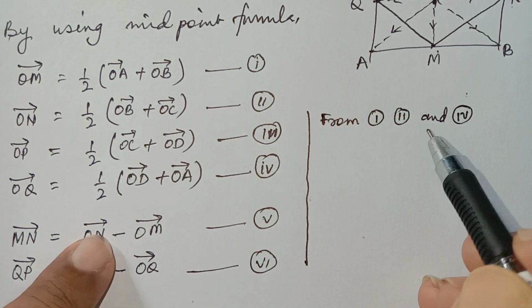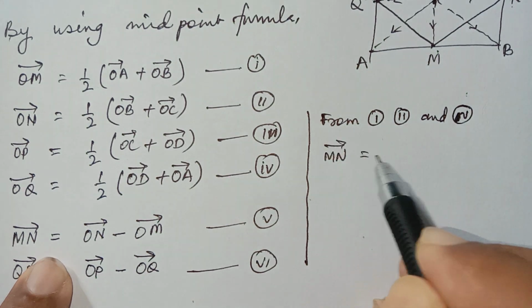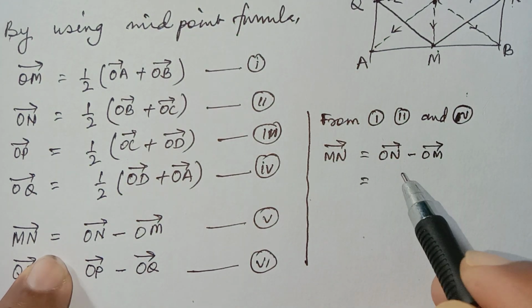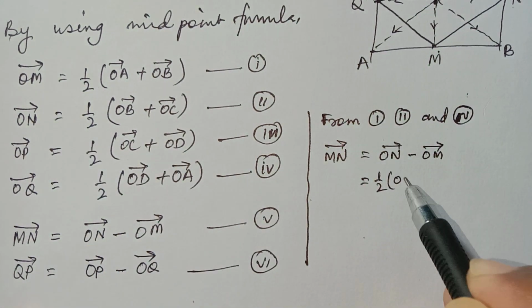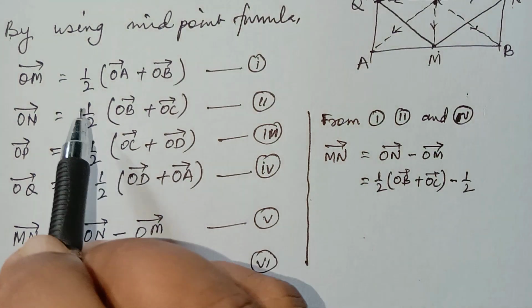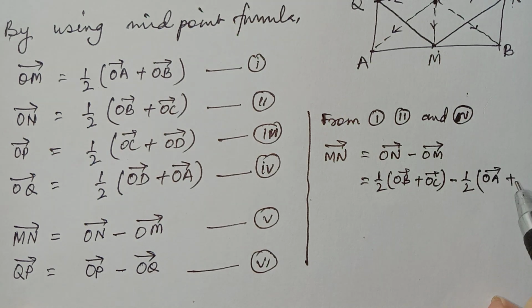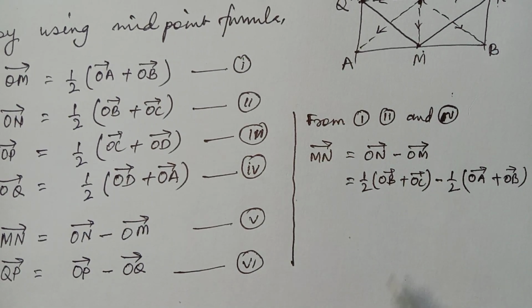My 5 is vector MN equal to vector ON minus vector OM. So my ON vector is half of vector OB plus vector OC, minus half of vector OA plus vector OB.